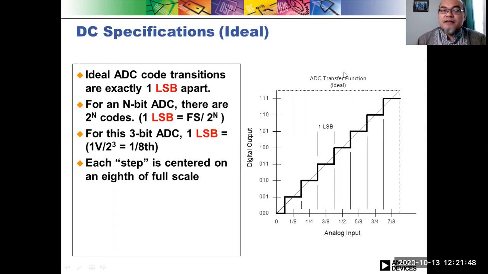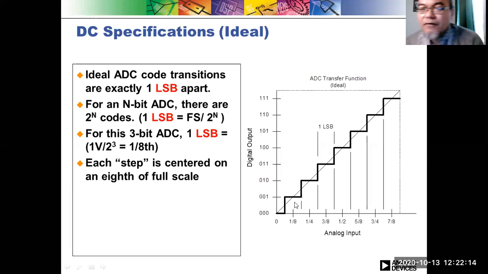For this example, it is a 3-bit ADC. So if the full scale is 1 volt, one least significant bit equals 1 volt divided by 2 power 3, or 1/8 volt. So each step here is centered on an eighth of the full scale. So 000 is centered on 0. Then 001 is centered on 0.125 volt.